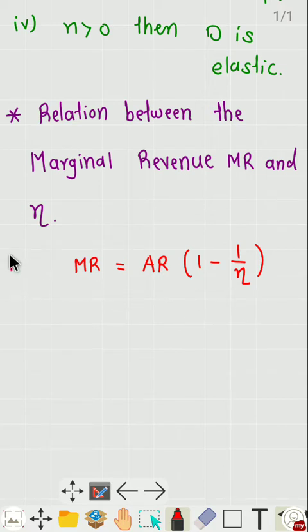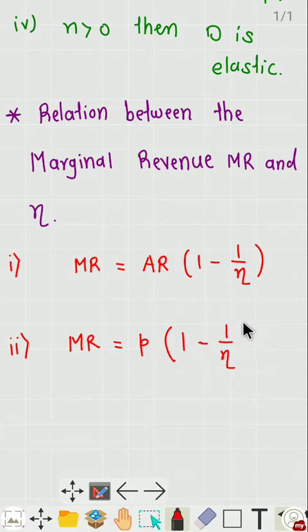So this is one relation, one equation which represents the relation between marginal revenue and eta. Now second, the average revenue is always equal to price, therefore marginal revenue is equal to price into 1 minus 1 upon eta.